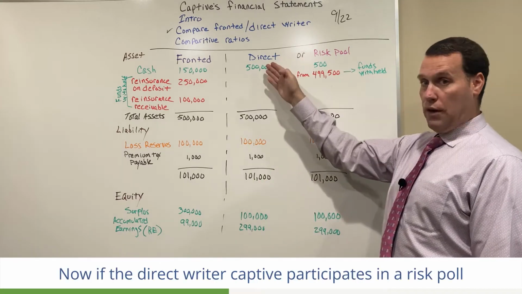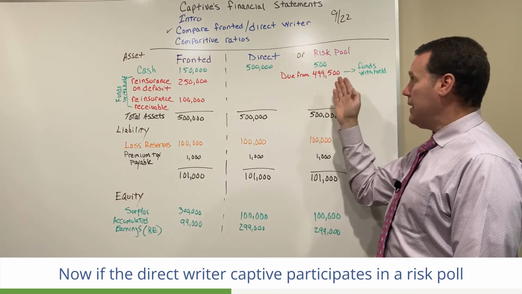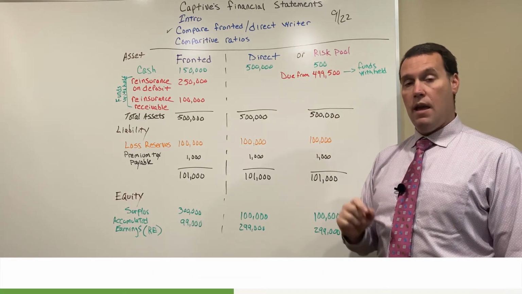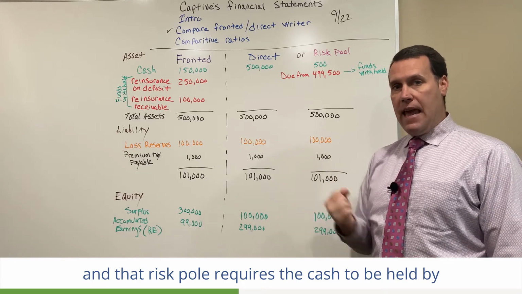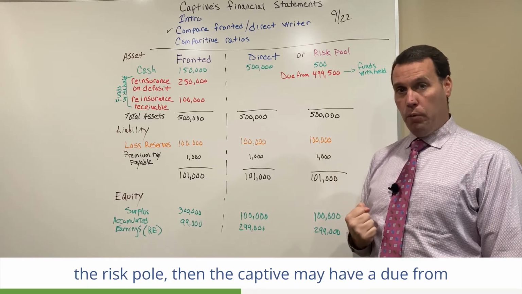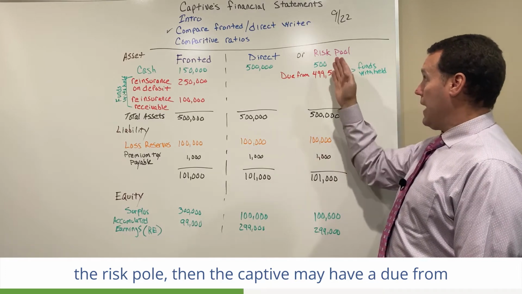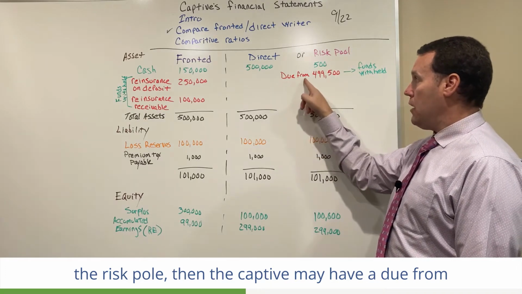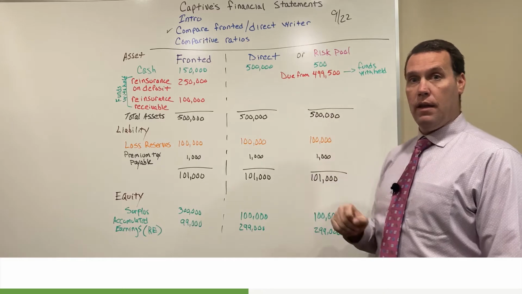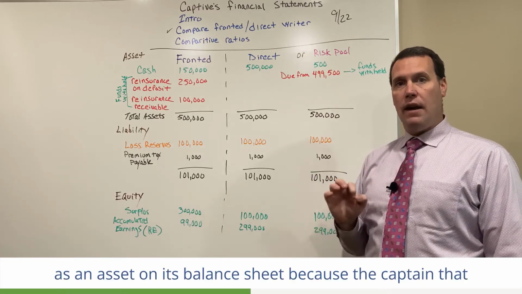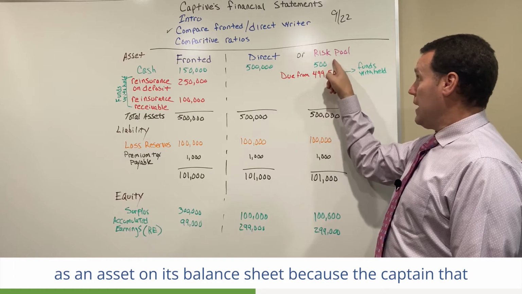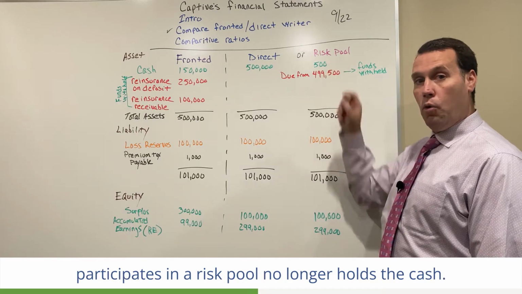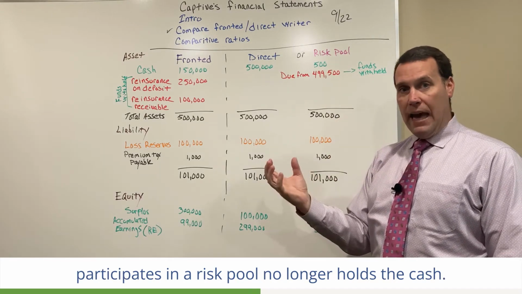Now, if the direct writer captive participates in a risk pool, and that risk pool requires the cash to be held by the risk pool, then the captive may have a due from as an asset on its balance sheet, because the captive that participates in a risk pool no longer holds the cash.